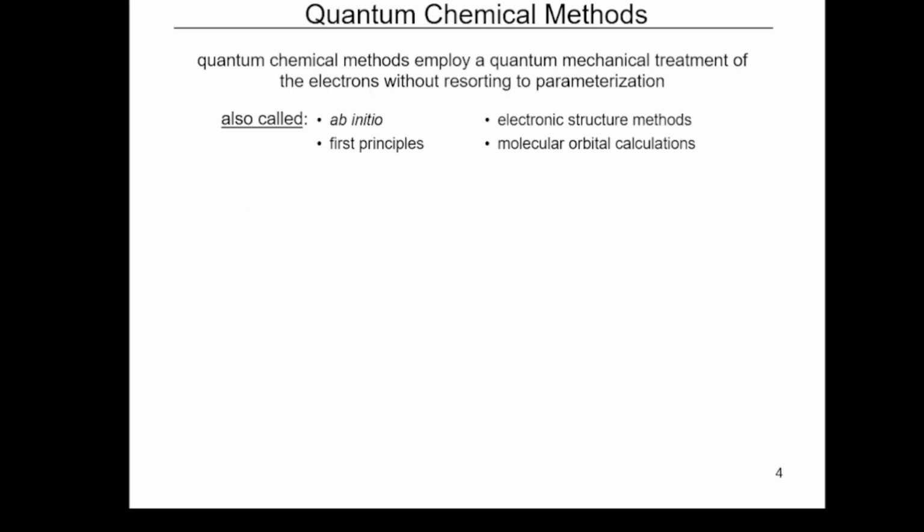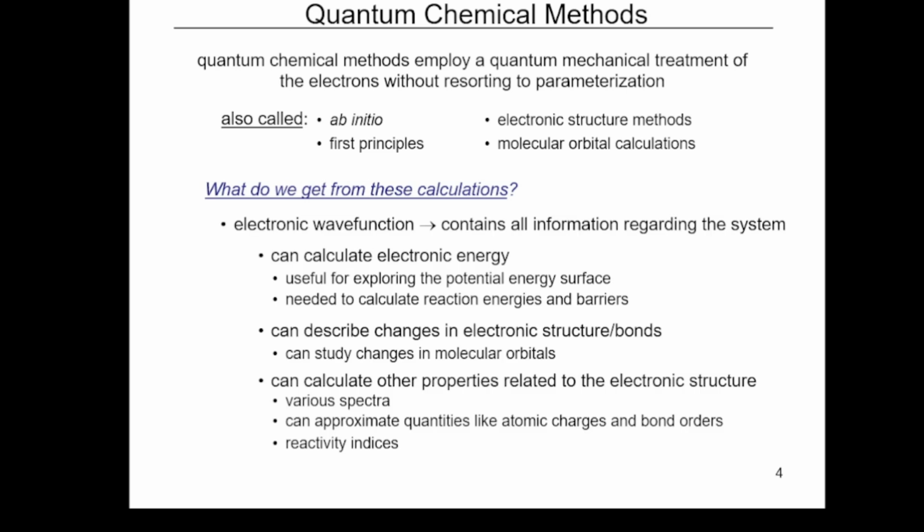Okay, when it comes to quantum chemical methods, we can say that quantum chemical methods imply a quantum mechanical treatment of electrons without resorting to parameterization. If you recall, we have previously said that the semi-empirical methods are taking some parameters from experiment.